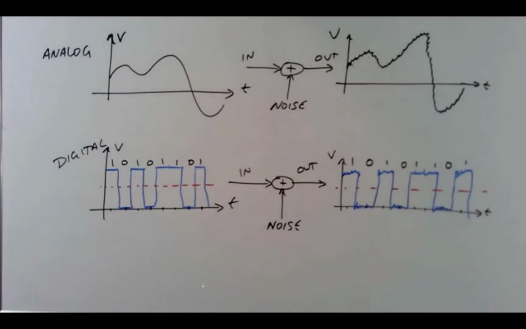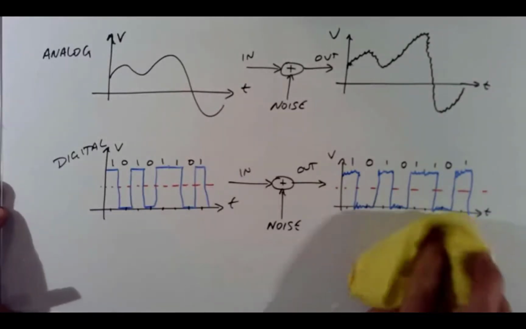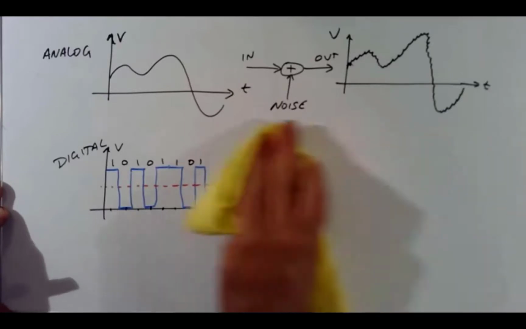Okay, so let's dig into this digital signaling a little bit. What I'm going to draw next, I'm going to erase this, and I'm going to draw just the V-axis here. So I'm going to erase this and talk about how we relate the signals, the voltages, to values.